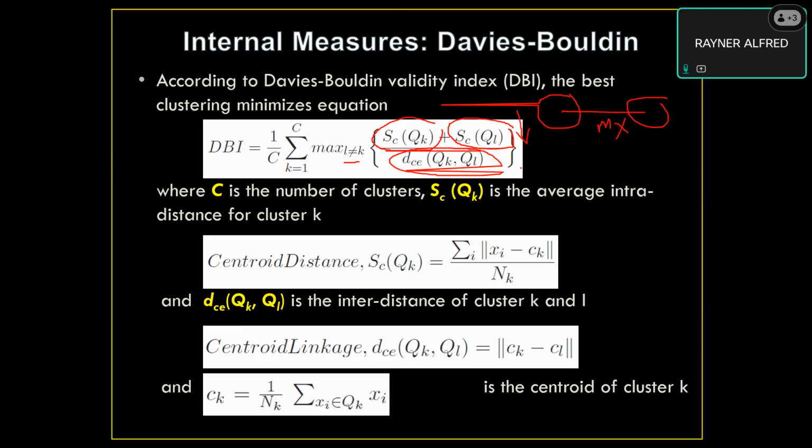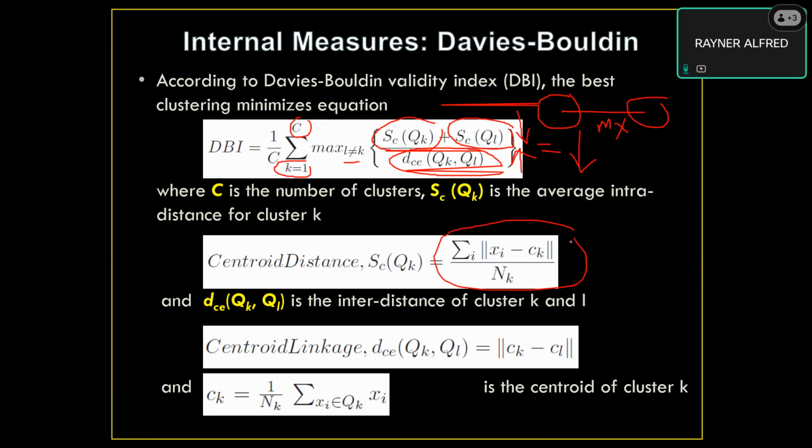So this one is to maximize. When you have this formula, our task is to minimize the value. So we will go from cluster 1 up to C.